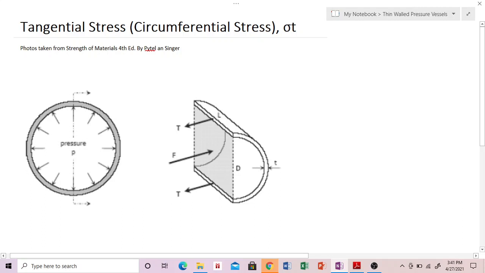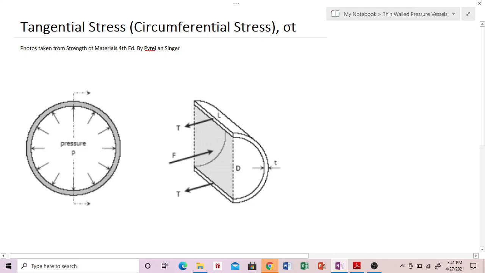Now, ano ba yung bursting force? What is the magnitude of the bursting force? Okay, so this is pressure. Pag tingnan nyo, class, uniformly distributed yan dito sa internal walls noong vessel. Now, we cannot see pa the magnitude of the concentrated load. So, ang kukunin natin is yung internal force or the bursting force.